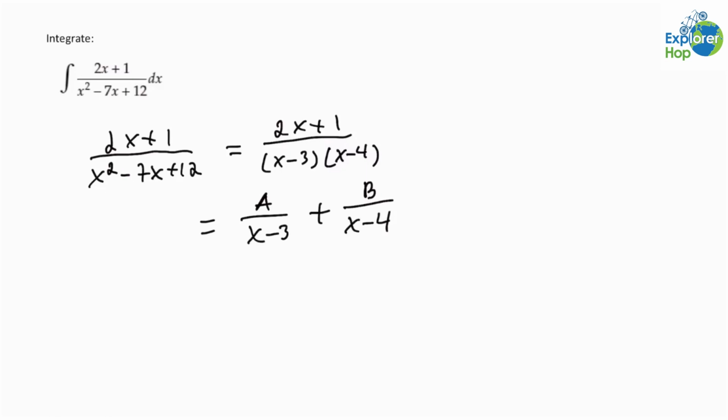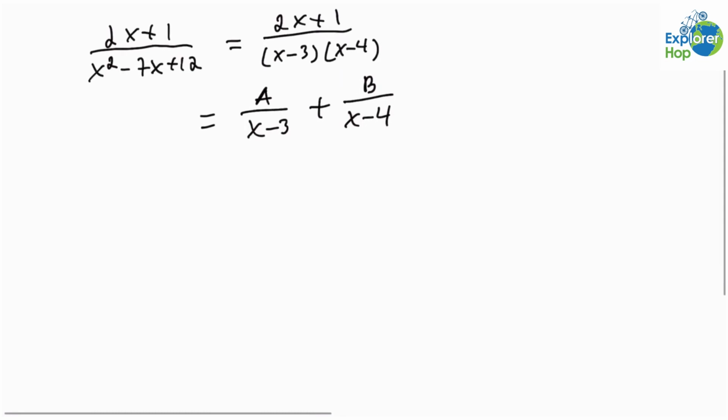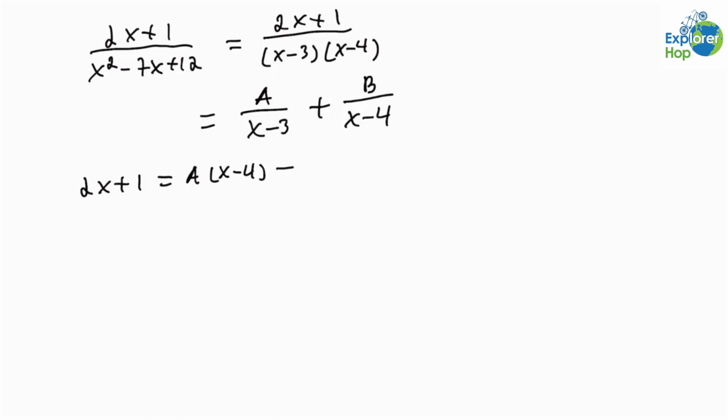And multiplying both sides by x minus 3 times x minus 4 gives us 2x plus 1 is equal to A times x minus 4 plus B times x minus 3. And now we sub in each of the roots to solve for A and B.